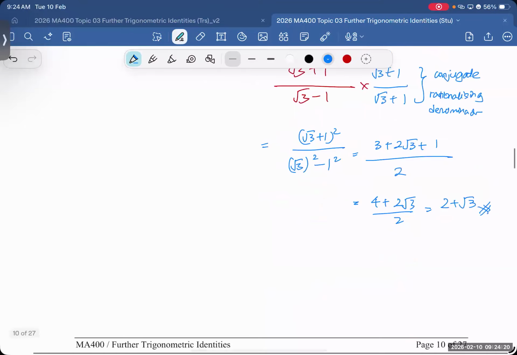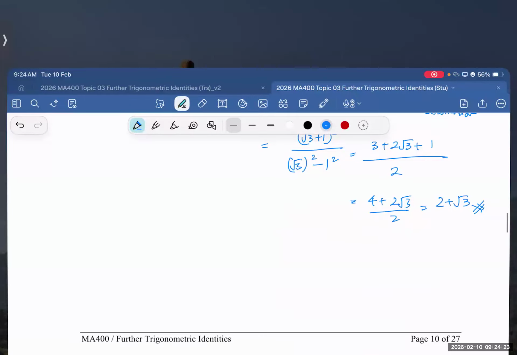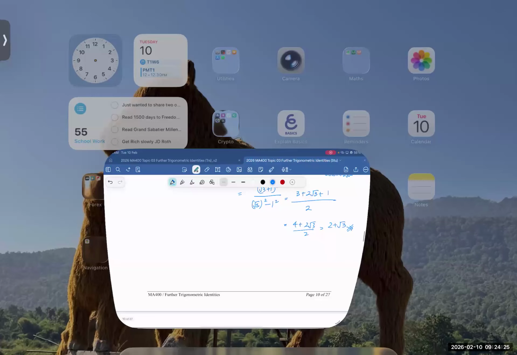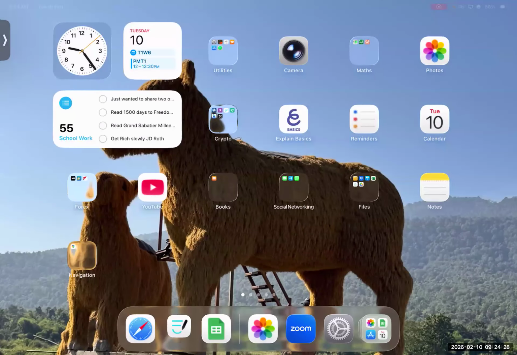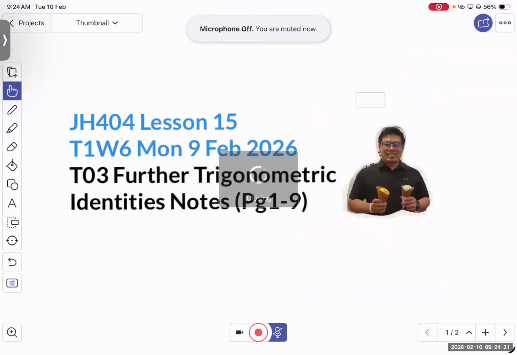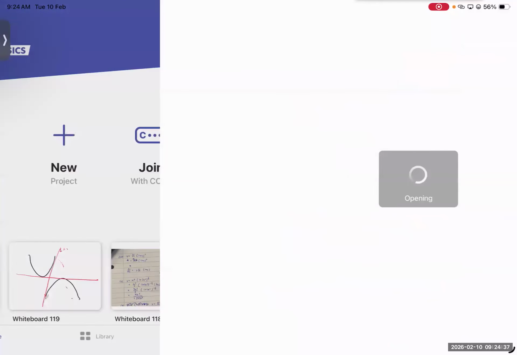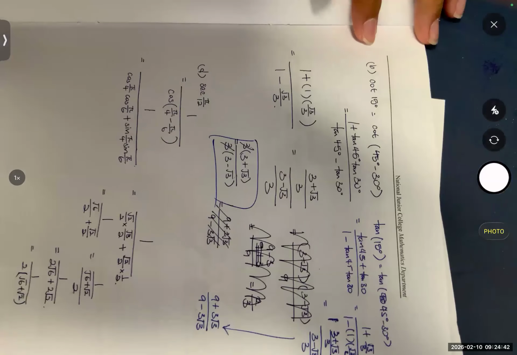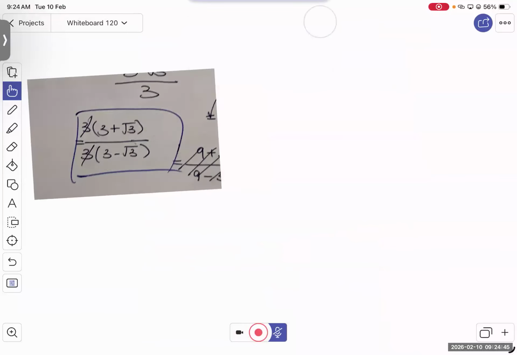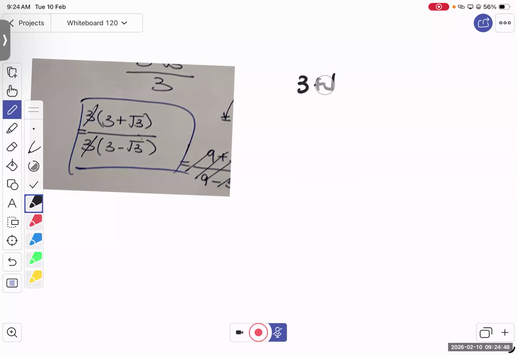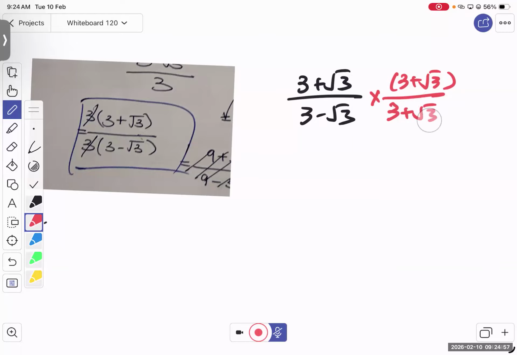This one you got, right? Okay, so now this is the sum's one.